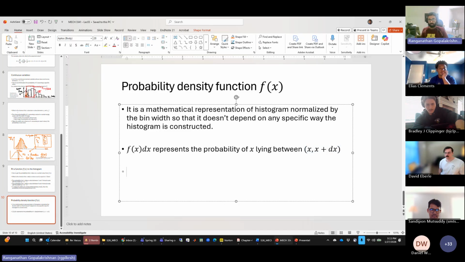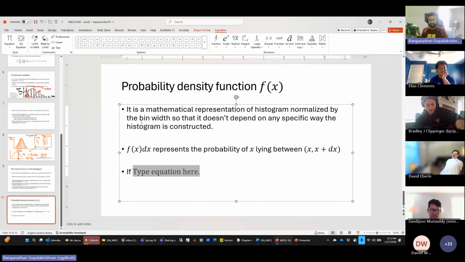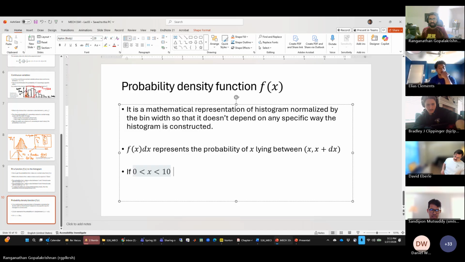Let's say x takes values between 0 and 10. X is a random variable that takes values between 0 and 8, like the height of humans.